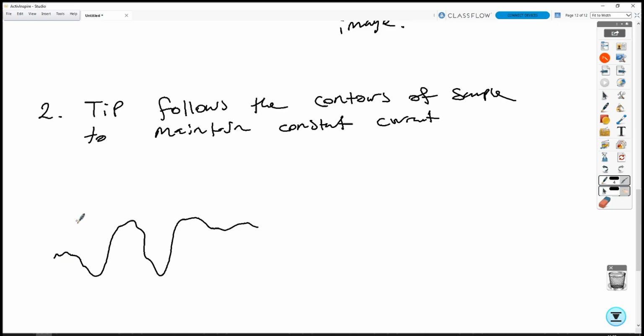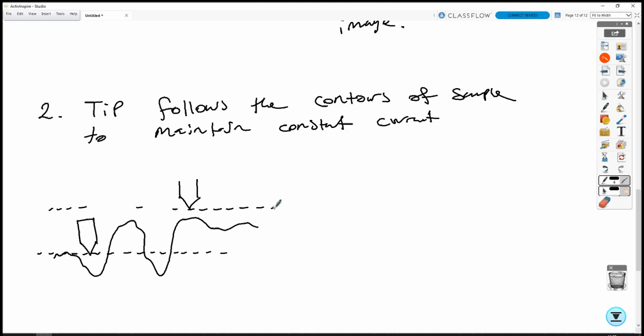So if we had the tip on this side, it might be that close. And if the tip moved over to here, it would move up to maintain a constant distance between the tip and the sample.